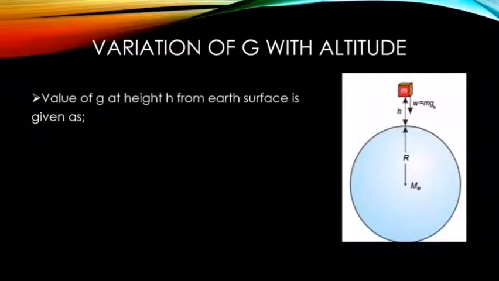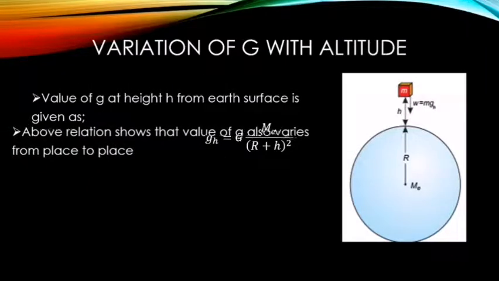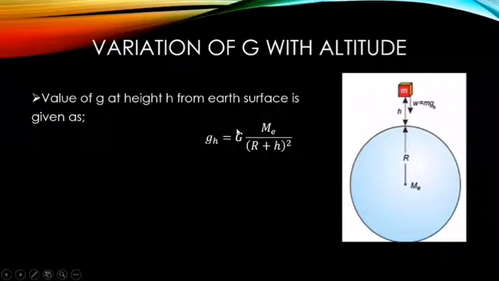Now, the value of g at height h from Earth's surface is given as gh is equal to capital G Me over (r plus h) square. This is the value of g at the height of this object m. In this case, the distance of object m from the center of the earth is r plus h.